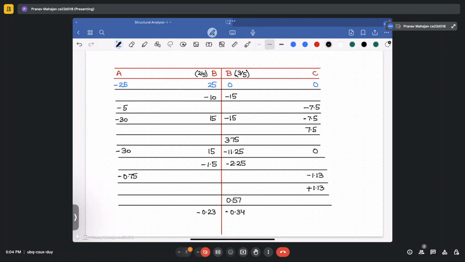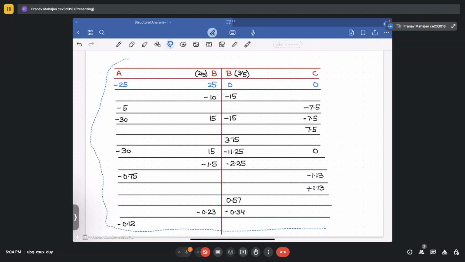Okay. And when it is carried over, it would be minus 0.12. And in this case, we are not doing it because we are solving this problem up to this end only. So we will keep it like this.